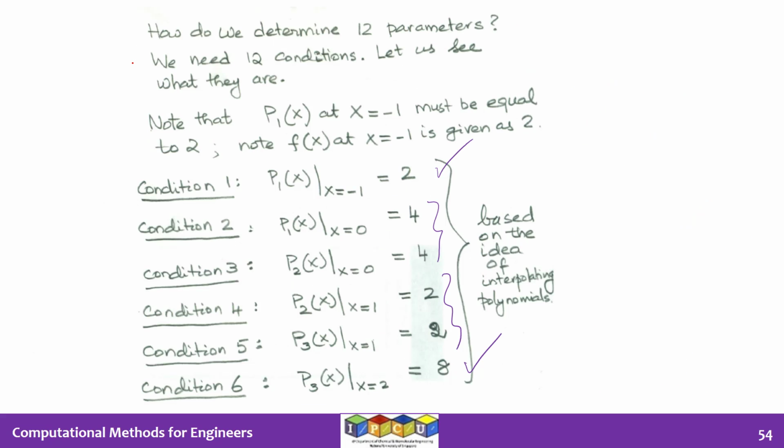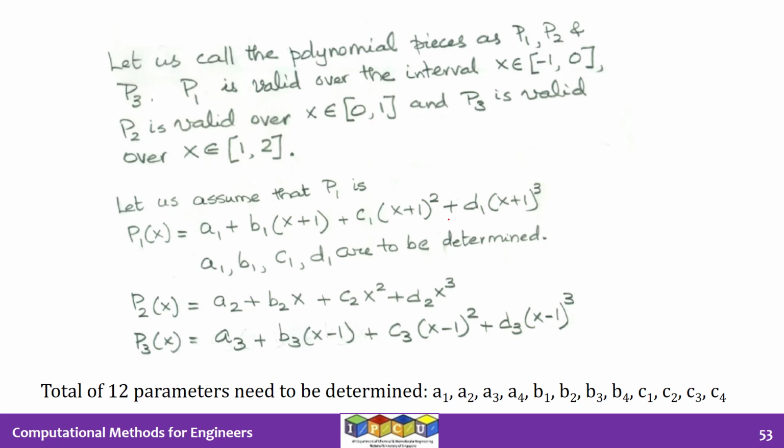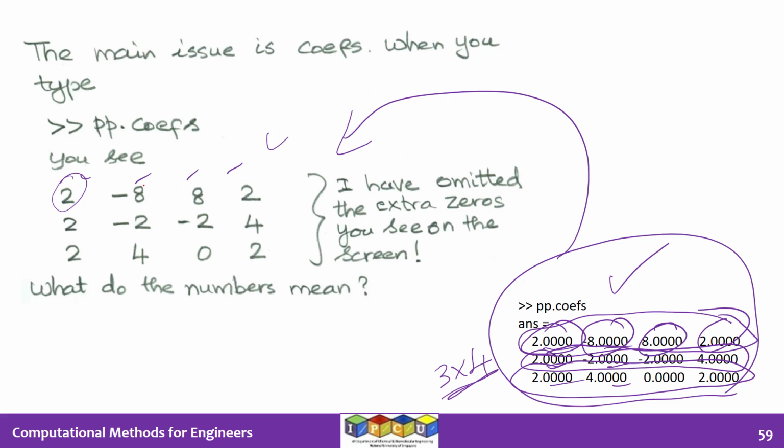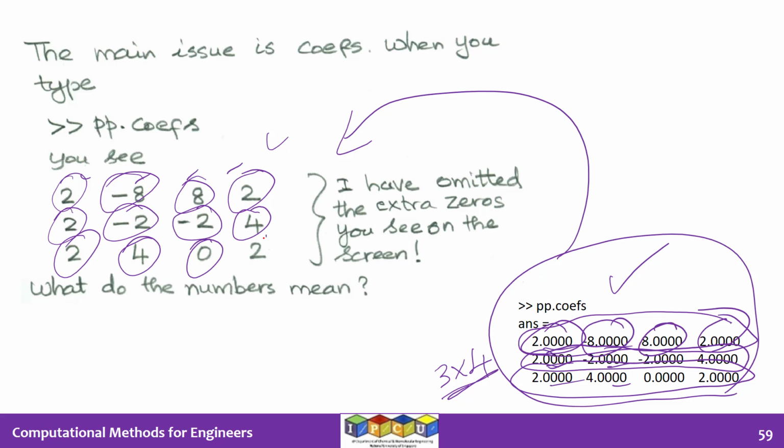So the numbers are written in the order D1, C1, B1 and A1. D2, C2, B2, A2. D3, C3, B3, A3.